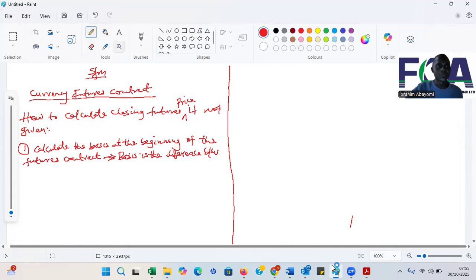between the spot price and the futures price.